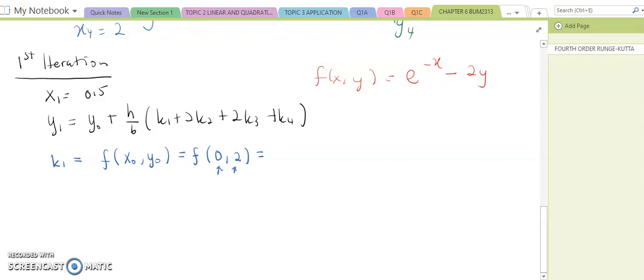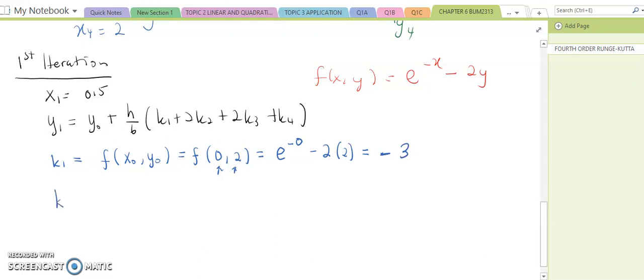Okay, for k1, f of 0 and 2. So exponent of negative 0 minus 2 times 2. Oh, sorry, this one is supposed to be 0, because negative x is 0. You just use your calculator, and the answer is negative 3. So this negative 3 is the k1 value.